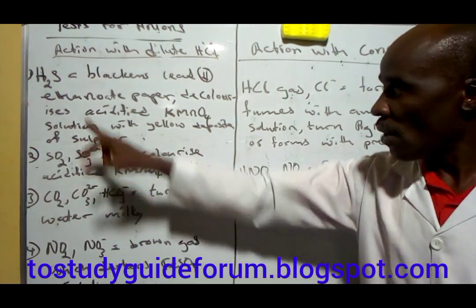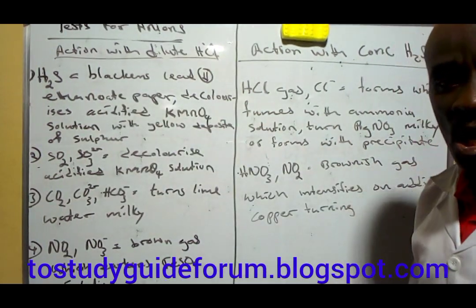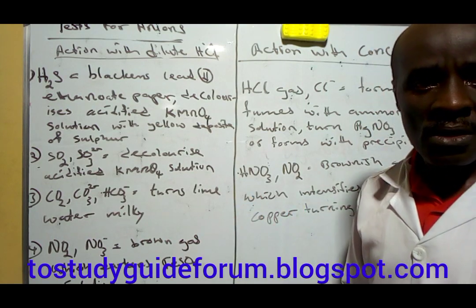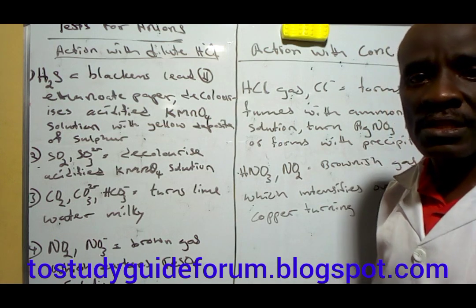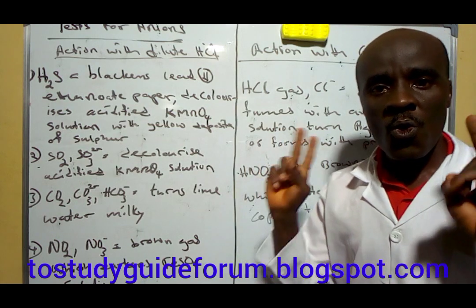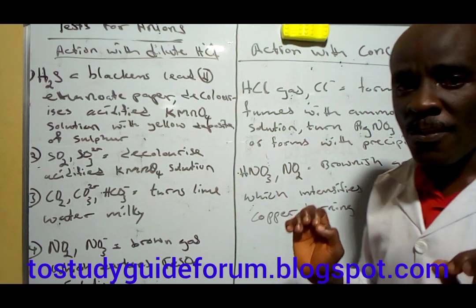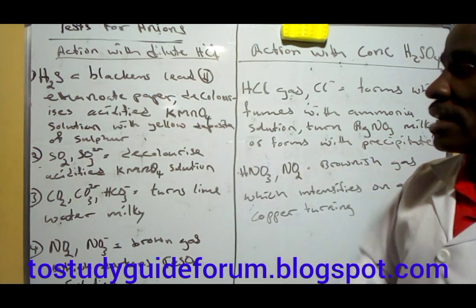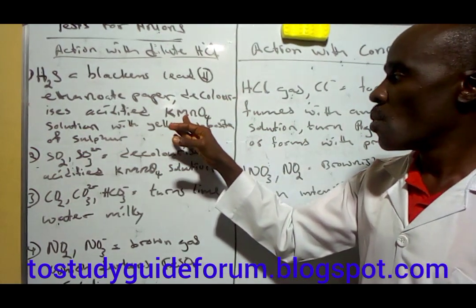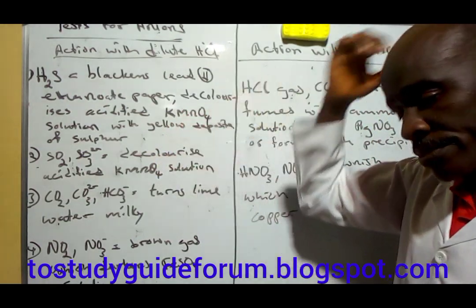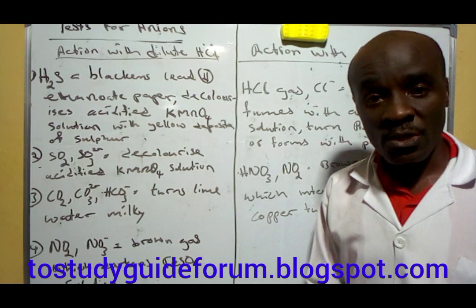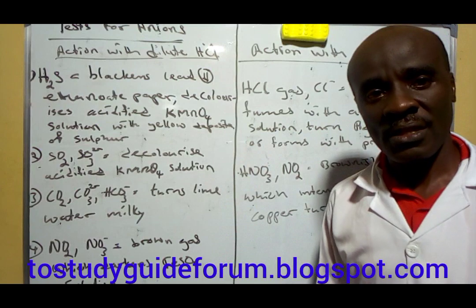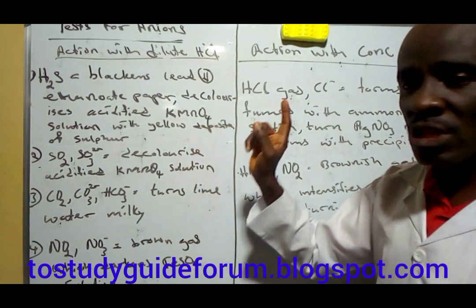Another way of testing for hydrogen sulfide is by using strong oxidizing agents like potassium permanganate and potassium dichromate. These two oxidizing agents show characteristic effects. Both must be acidified. With acidified potassium permanganate, the color turns colorless, with a yellow deposit of sulfur.